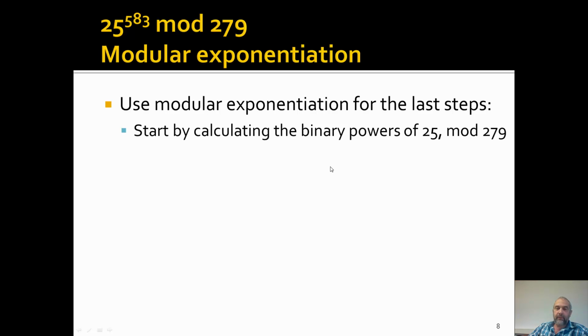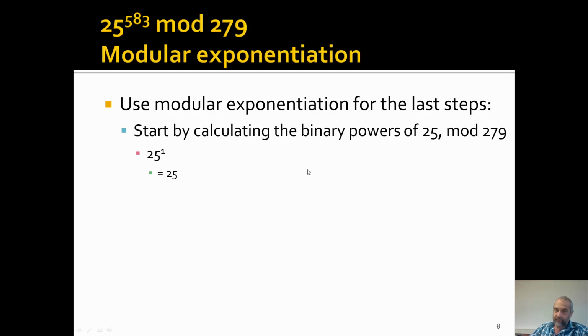Well, in order to apply that, as you saw in the slides, we calculate powers of 25. Which powers? Not all of them, but those powers that are a power of 2. So we calculate 25 to the power 1, 25 to the power 2, 25 to the power 4, 25 to the power 8, 25 to the power 16, because 1, 2, 4, 8, 16 are powers of 2, binary powers.